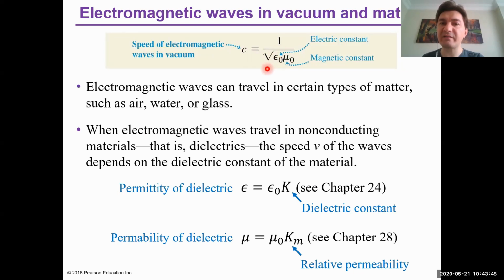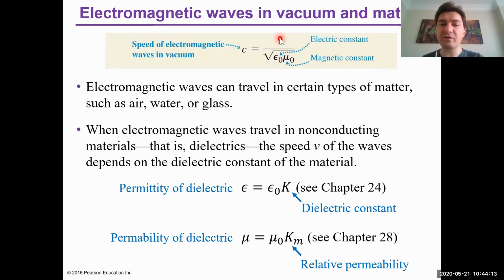This is the electric constant, this is the magnetic constant, but these are for the vacuum, okay? But in the case of matter, electromagnetic waves can also propagate or travel within materials, okay? If the electromagnetic wave is traveling in a material, then instead of epsilon 0, we should use this one.